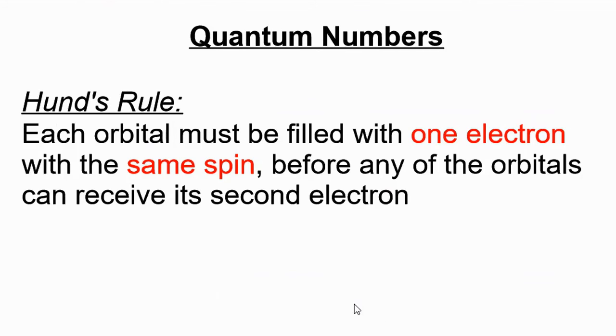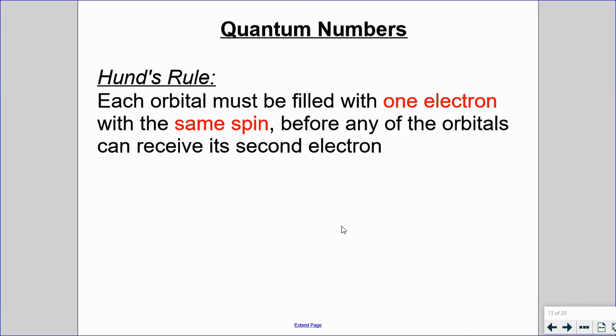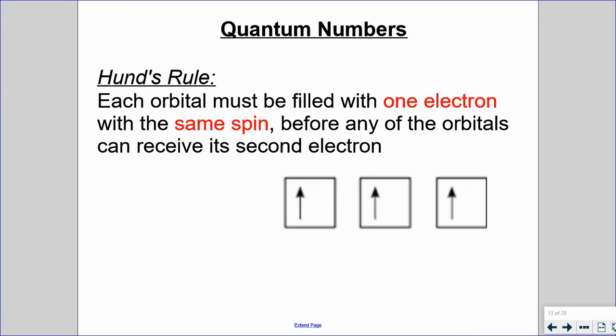Hund's rule says this: when filling in electrons into a subshell with multiple orbitals, you must put one electron in each orbital with the same spin first, before adding a second electron into any of the orbitals.